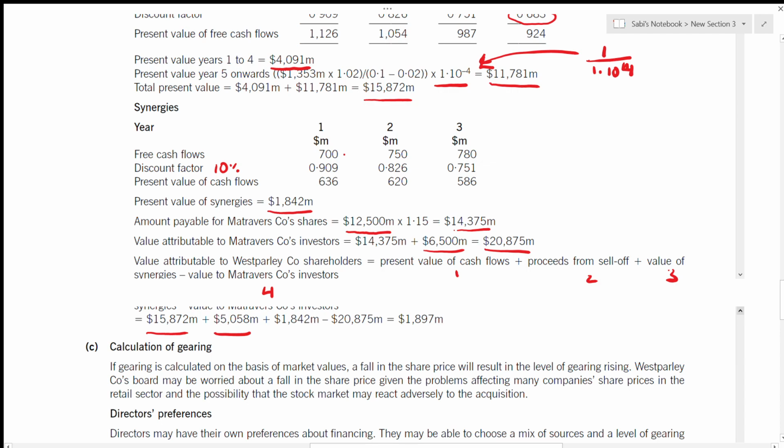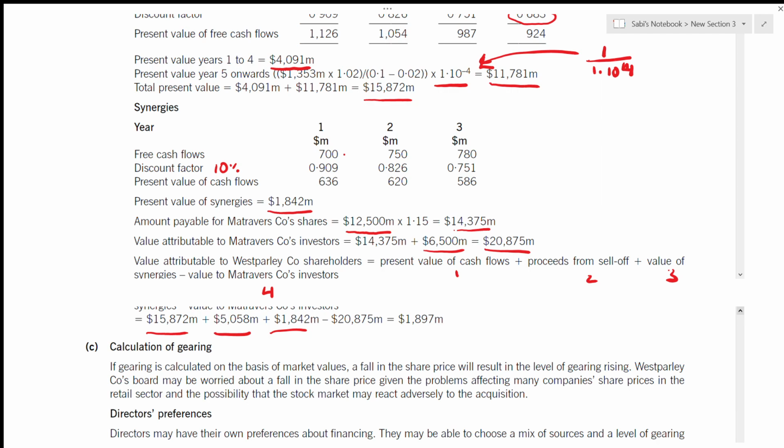Just now we have calculated value of synergy. It is 1842 minus the value to the Matt Trevor company's investors. Why? Because you are paying Matt Trevor that much. That's a payment. So payment will go from your value. You are paying that to the Matt Trevor company. So that value will go to the Matt Trevor from the Westpale.